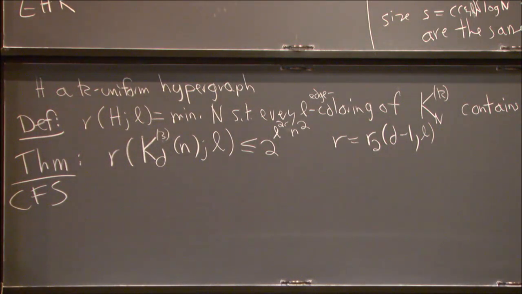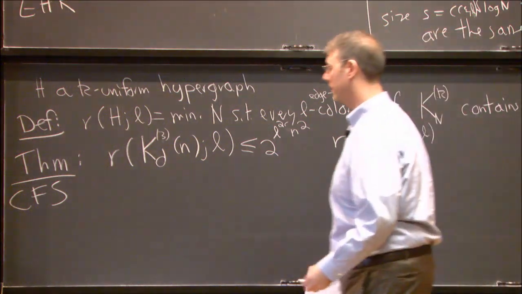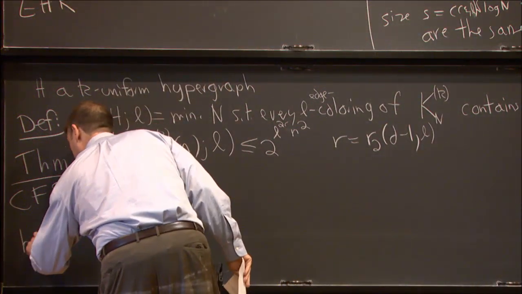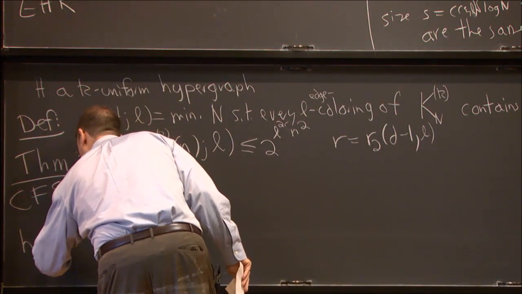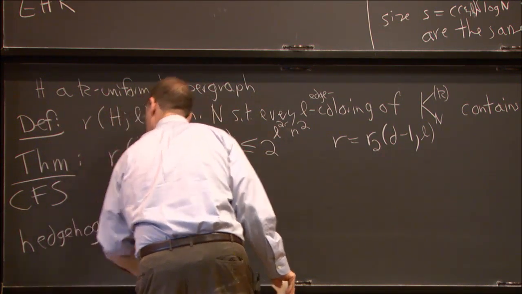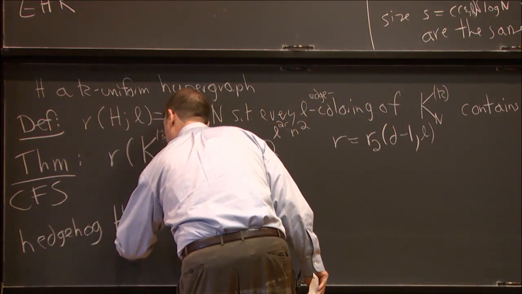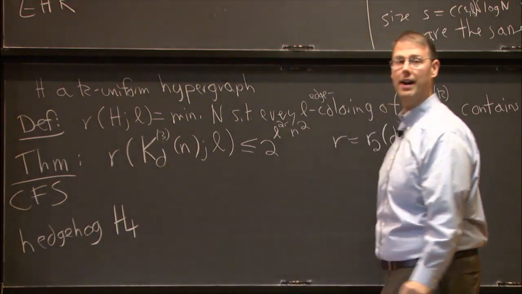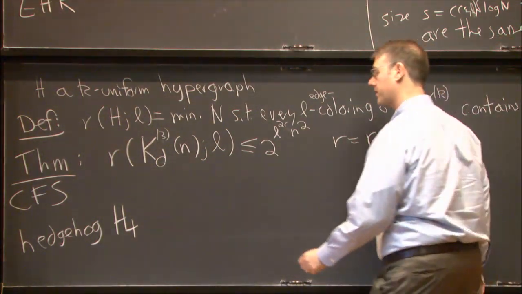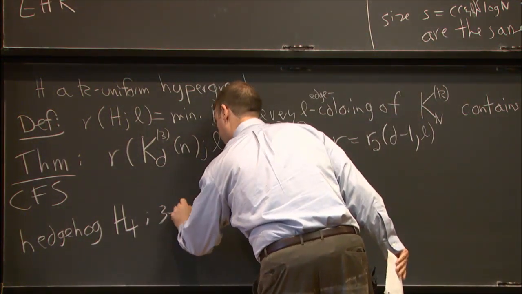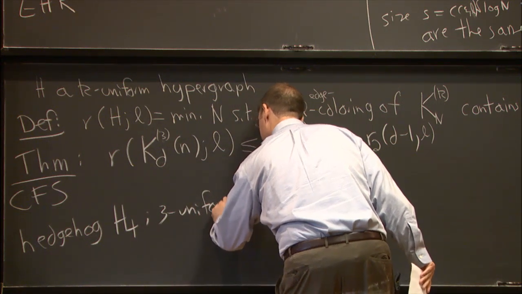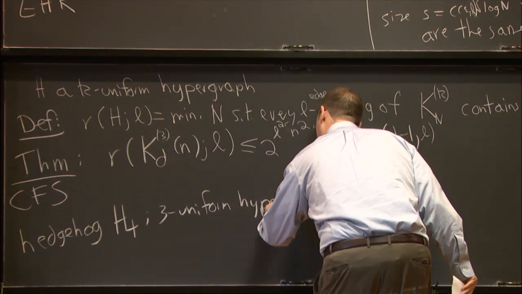Now I want to look at another hypergraph that people have been considering before. It's called the Hedgehog, although I think we named it the Hedgehog H_t. It's a 3-uniform hypergraph.